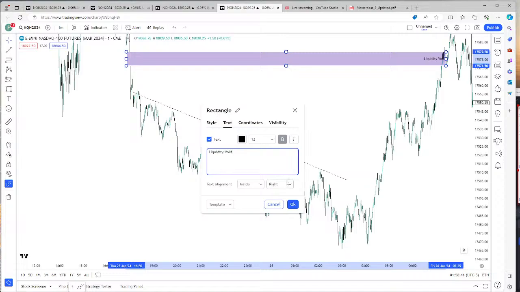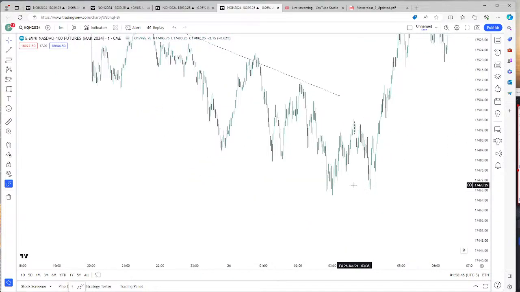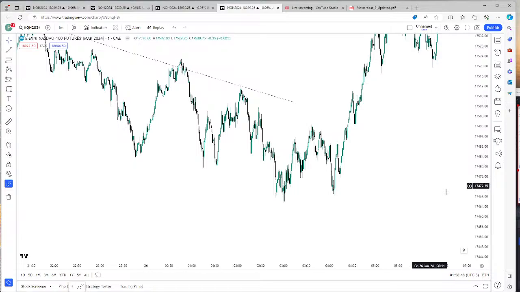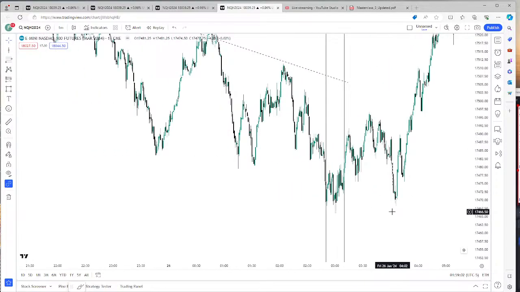And now in terms of talking about macros to suit this liquidity void, remember I told you guys the one that's from 2:50 if you trade London session, the one that's from 2:50 to 3:10. That's probably the best one because it lines up with silver bullet, right? Now, this macro, it seems like it does nothing.